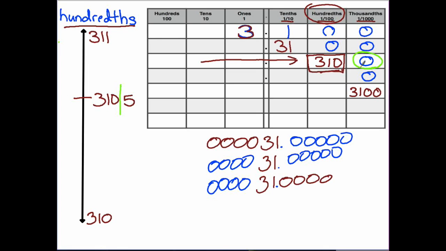So let's look back at our place value chart where we have decomposed numbers. I have 310, right? But now it says I need at least 5 thousandths. How many thousandths do I have next to my 310? 0. Would this be the same as 310 and 0 thousandths right here?